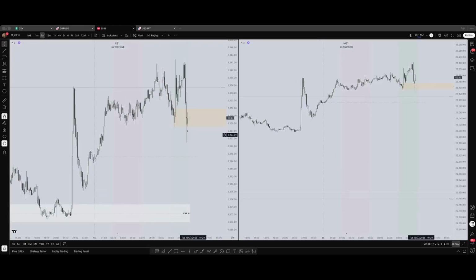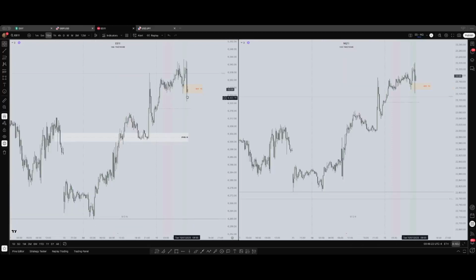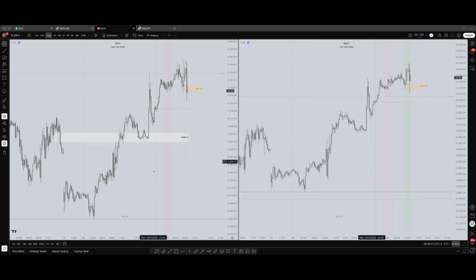As you can see, this is what I don't want. I want body closing. I want the wick of the candle. Even like momentum, I want a big candle falling down and breaking with decision this low.